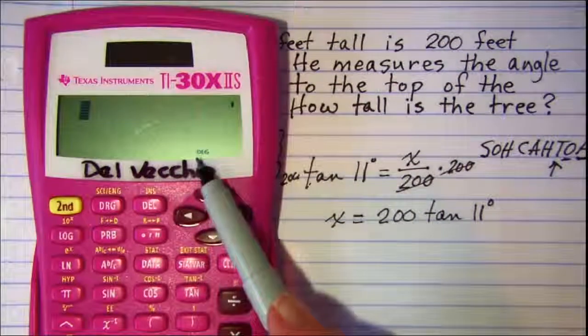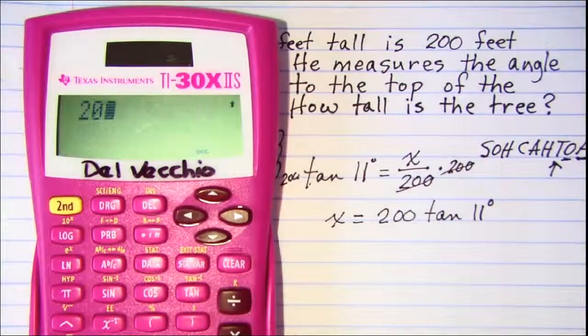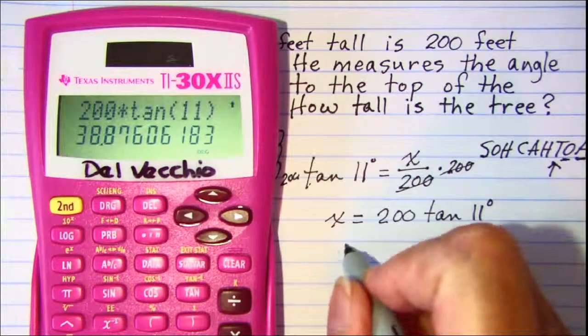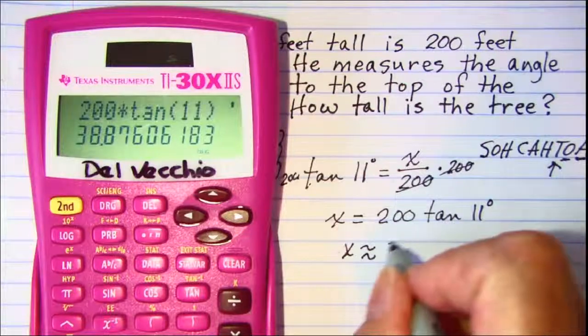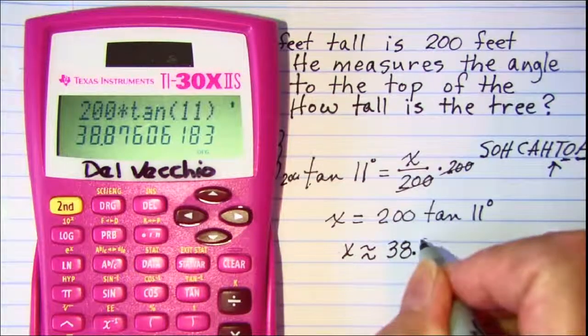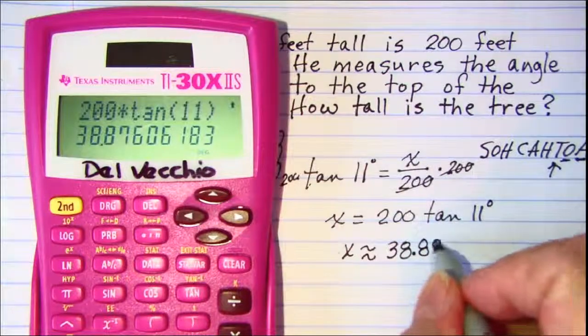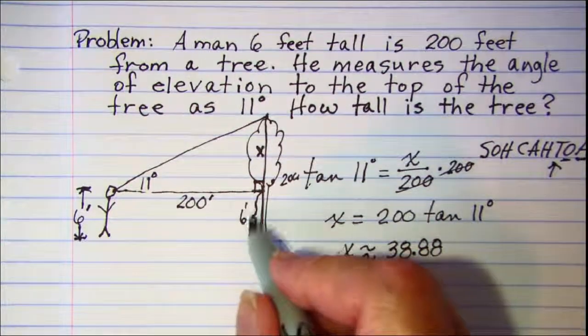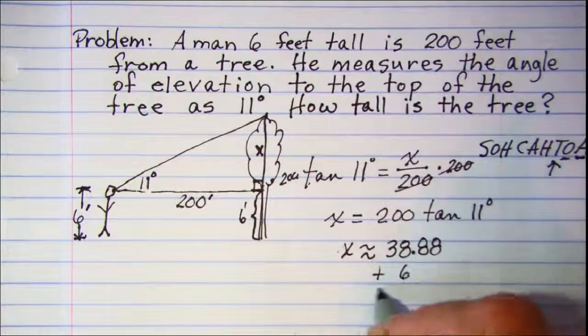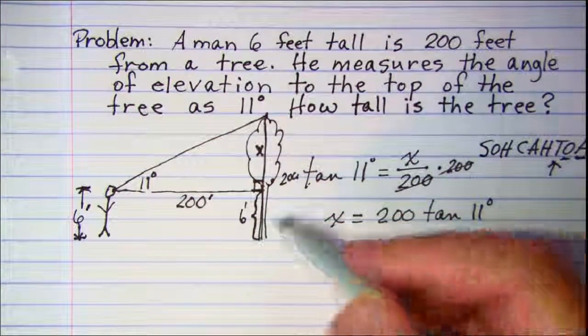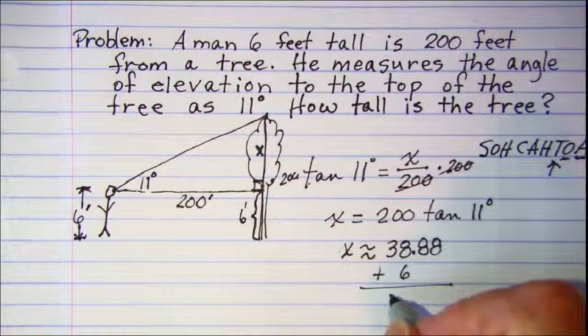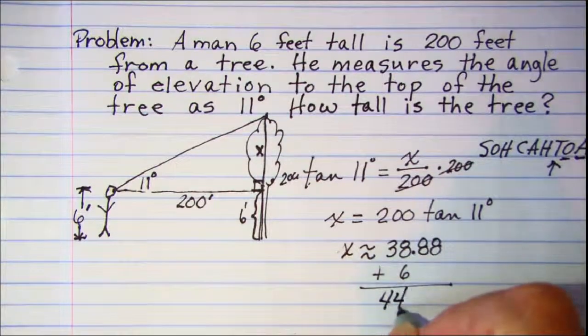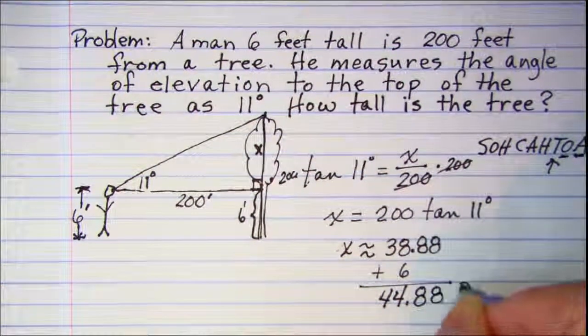Make sure you're in degrees. 200 times the tangent of 11 degrees is approximately 38.88. And then we need to add 6 onto that to account for this distance. And so our tree is 44.88 feet.